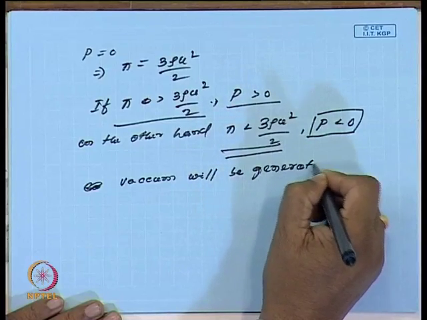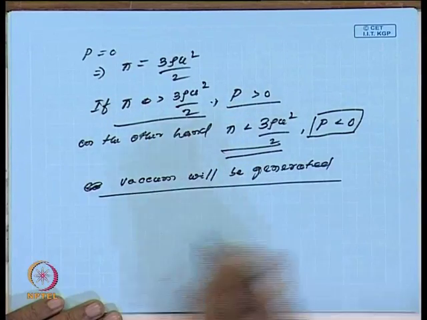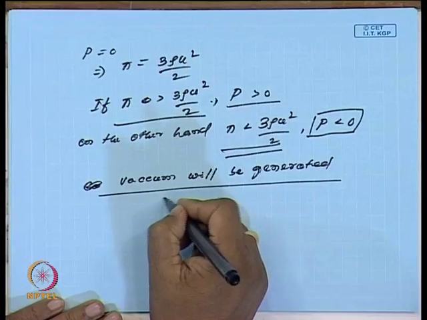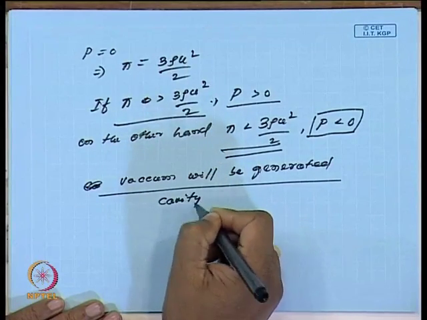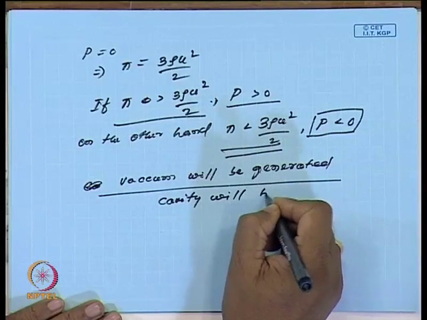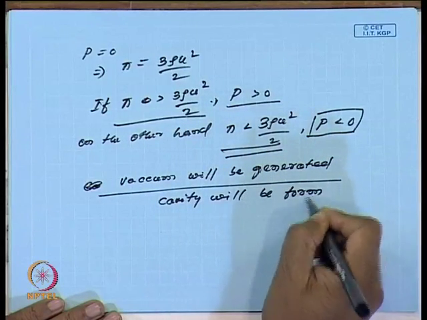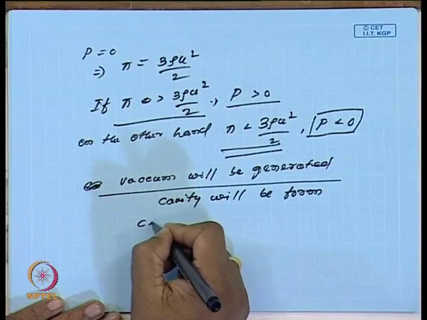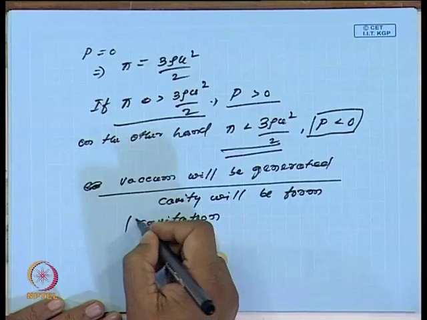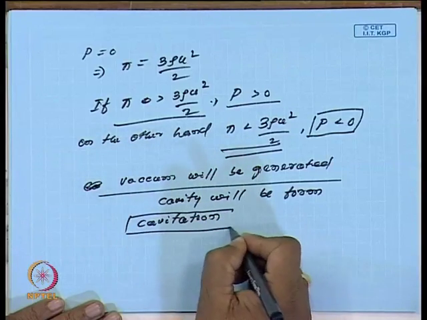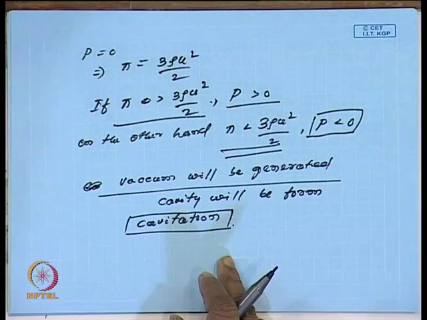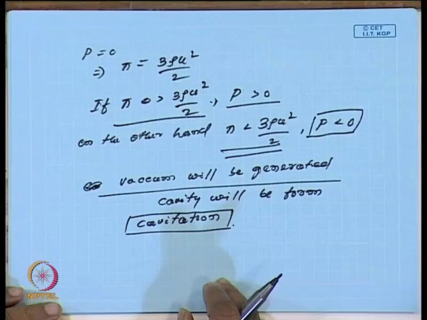There will not be any fluid there, and once a vacuum is generated, it will form a cavity on the boundary of the surface. This process we call cavitation.